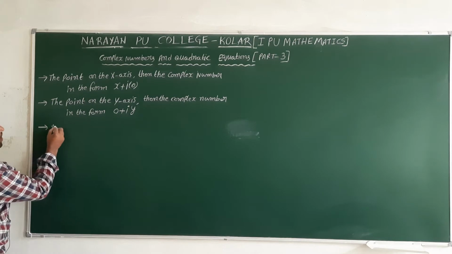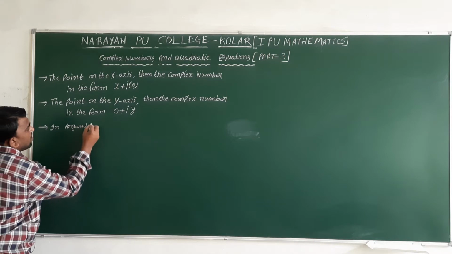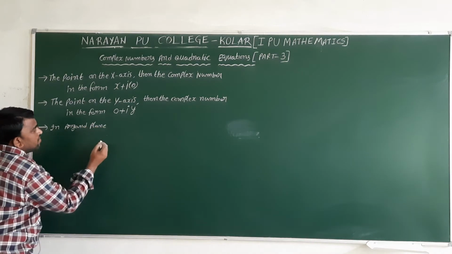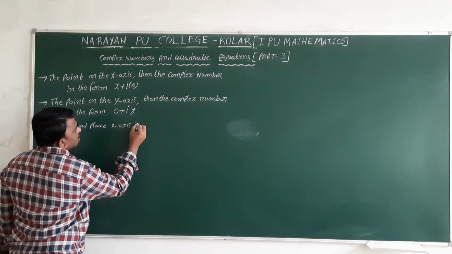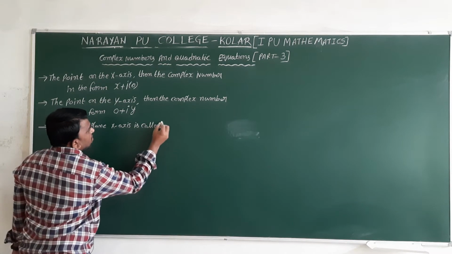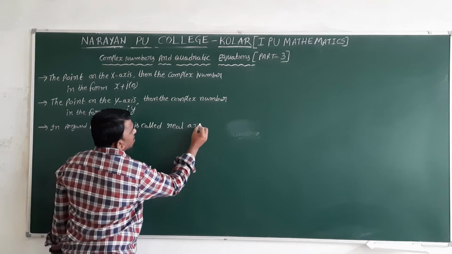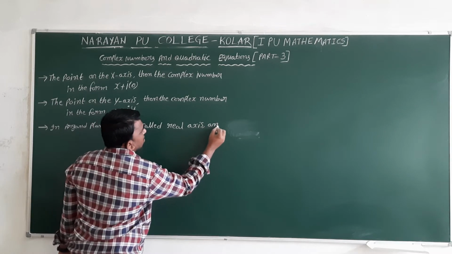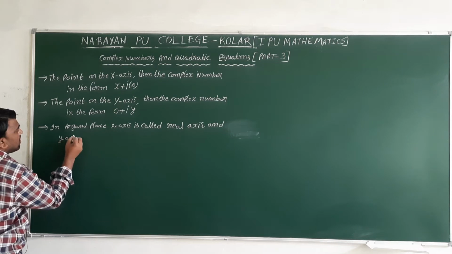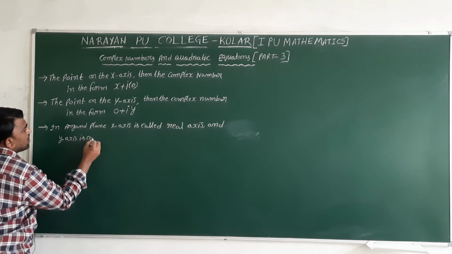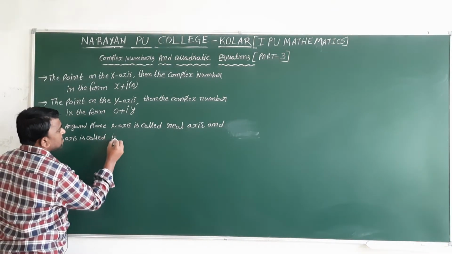So in the argand plane, the x-axis is called the real axis and the y-axis is called the imaginary axis.